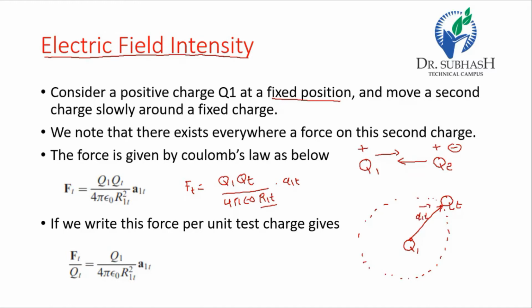Now if we consider this force per unit test charge, meaning Ft divided by Qt, then it can be rewritten as Q1 upon 4 pi epsilon 0 R1t square into a1t direction.